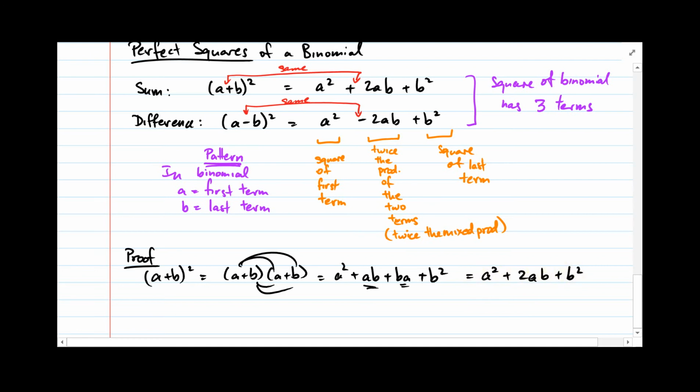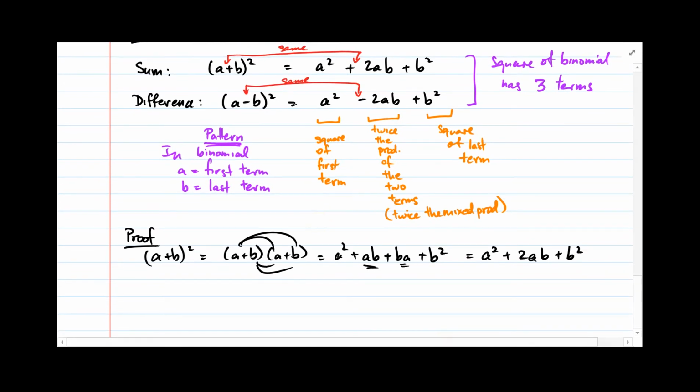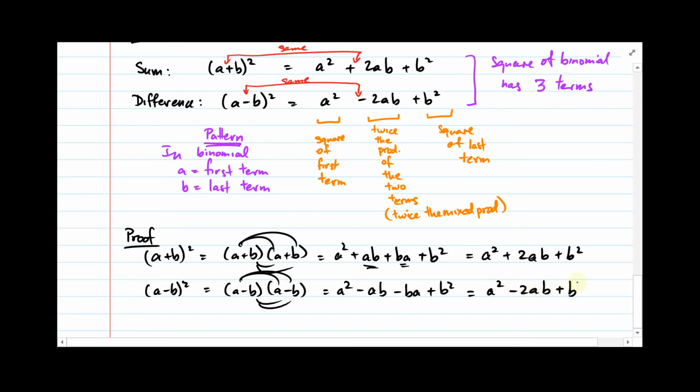In a similar fashion, if I looked at a minus b all squared, we first write 2 copies of the difference using my FOIL method in the same way. The signs, watch them: minus ab minus ba plus b squared. I end up with a squared minus 2ab plus b squared.